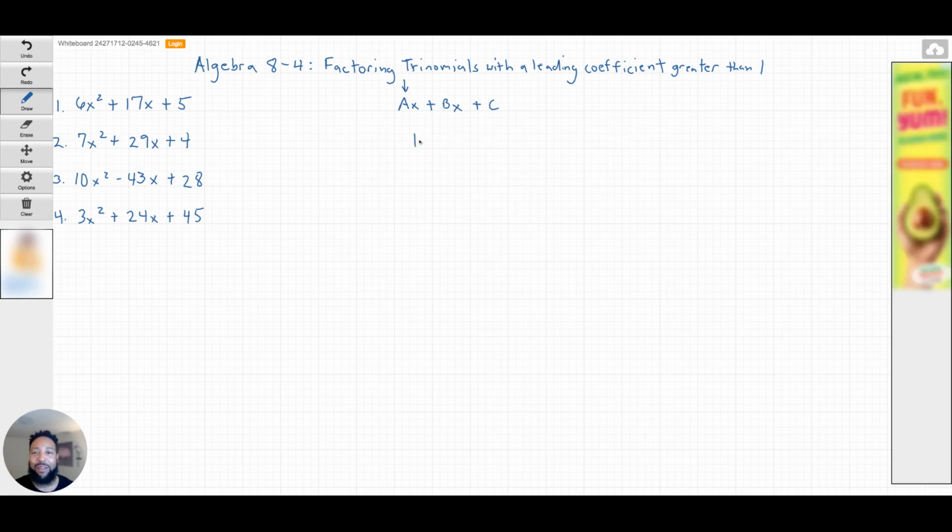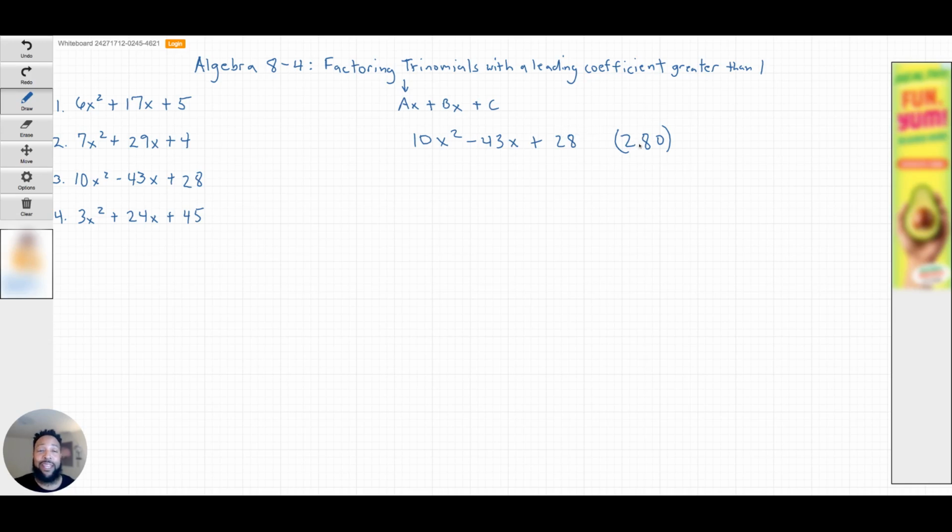Okay, our next problem is 10x squared minus 43x plus 28. Okay, just as previously, we're looking at a trinomial that has a leading coefficient other than 1. What we're going to do is take the first and last coefficients, 10 and 28, multiply those, we get 280.